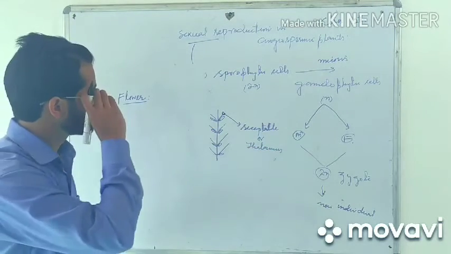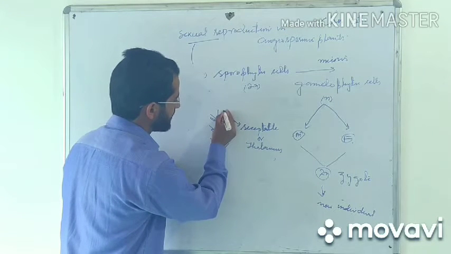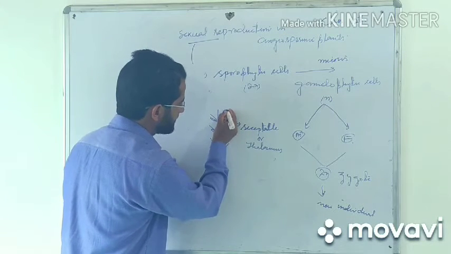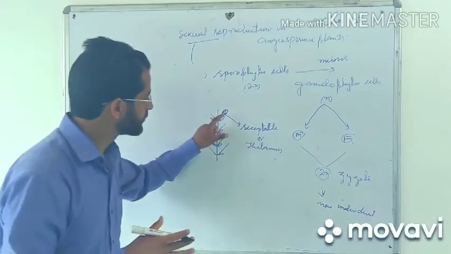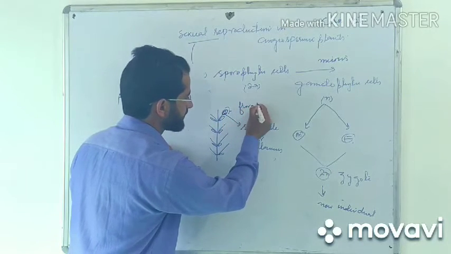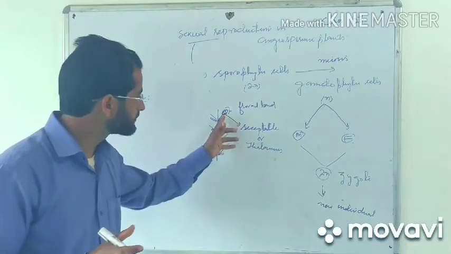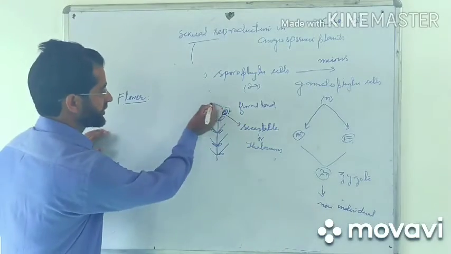Right? From this thalamus arise different whorls of leaves, which at the early stage form a bud-like structure. We call this bud-like structure a floral bud. When this floral bud matures, it opens into a structure like this.